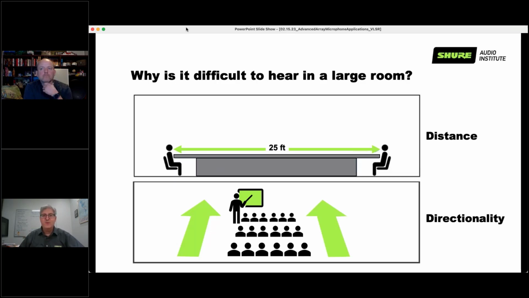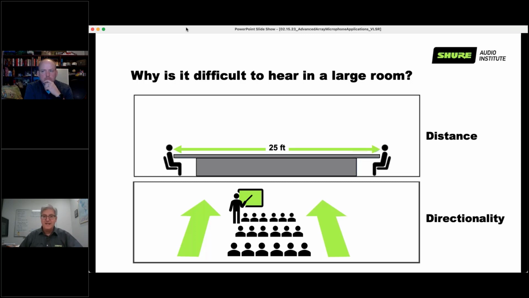The real problem is that in a large room, it can be difficult to hear people. The obvious cause is, of course, the distance, so that when we're in a big lecture hall or something like that, somebody's just a little too far away to hear. But also directionality plays a part. And I'm not talking about microphone directionality. I'm talking about the directionality of the human voice.